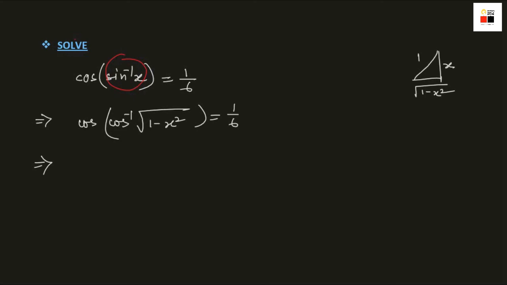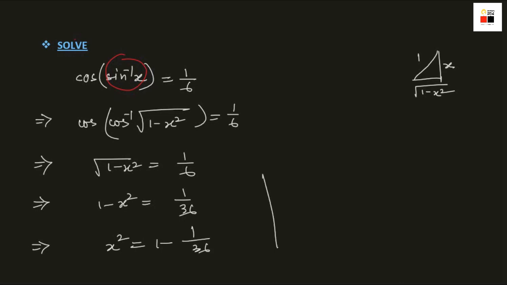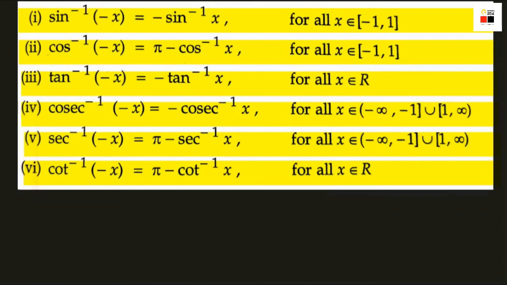So this is root over 1 minus x square equals to 1 by 6. 1 minus x square is 1 by 36. X square is equals to 1 minus 1 by 36. X square is equals to 35 by 36. Therefore x is equals to plus minus root 35 by 6.